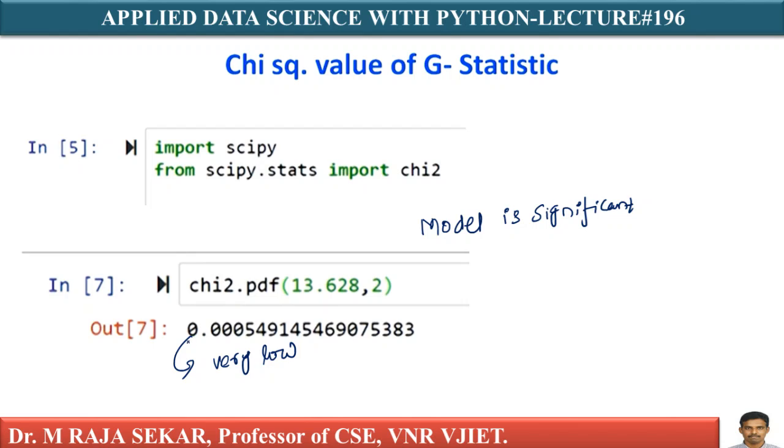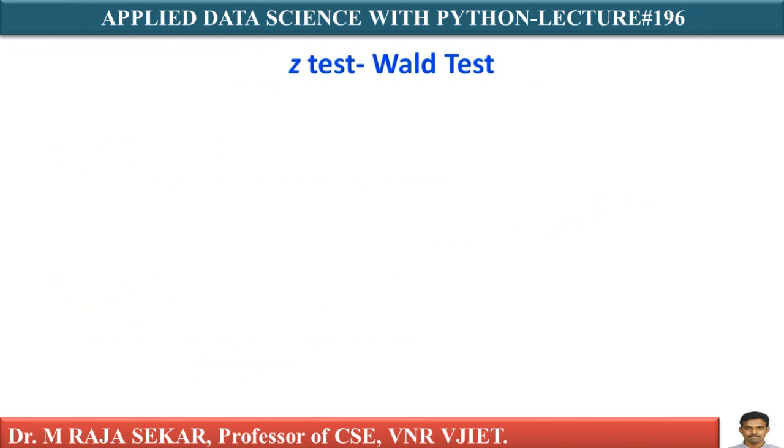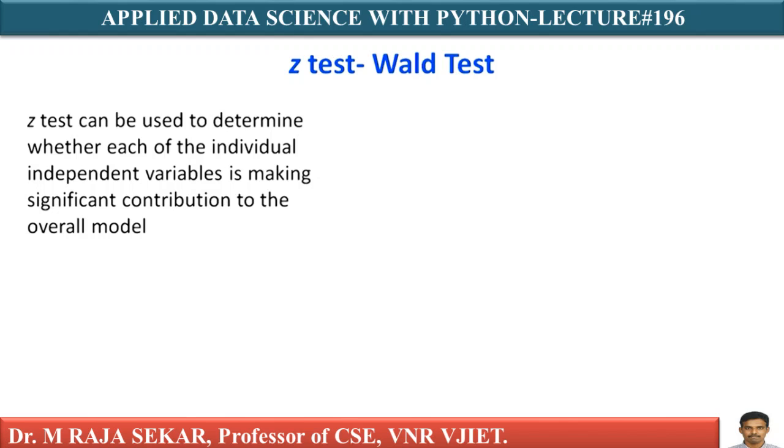In a similar manner, the Z test can be used to determine whether each of the individual independent variables is making a significant contribution to the overall model.